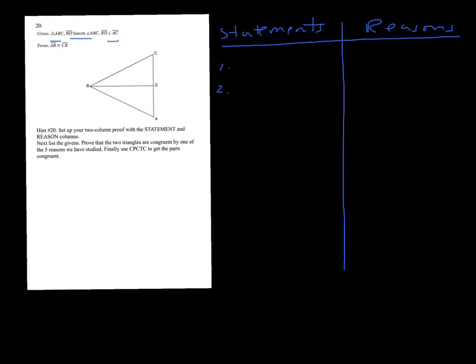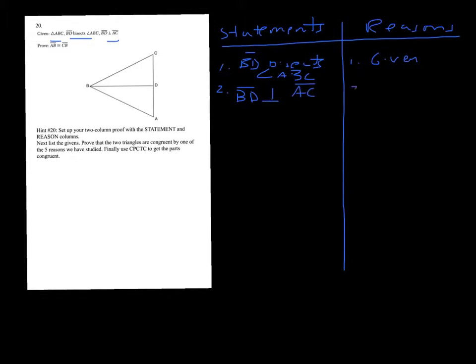The first one, that triangle ABC is a triangle, you don't have to list that, but if you did, it's fine. So the first important given is that BD bisects angle ABC. And the second important given is that BD is perpendicular to AC.